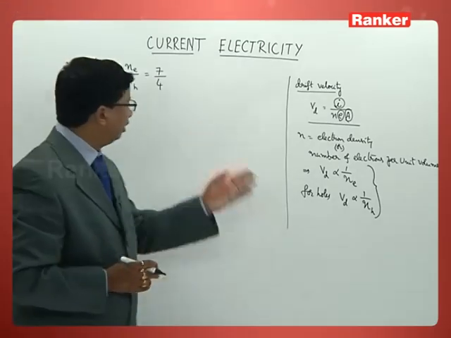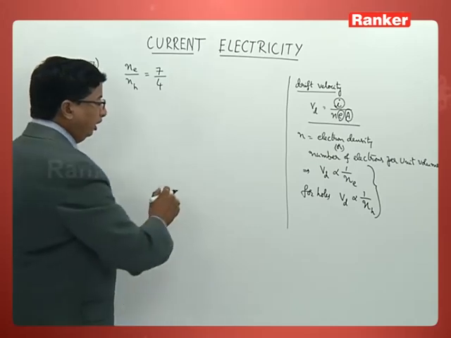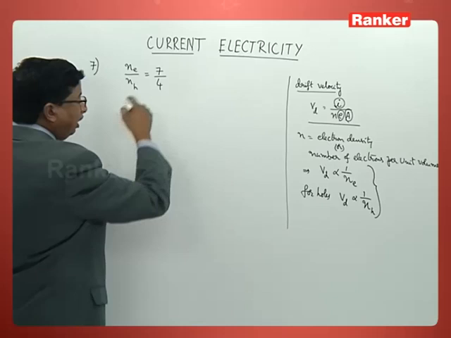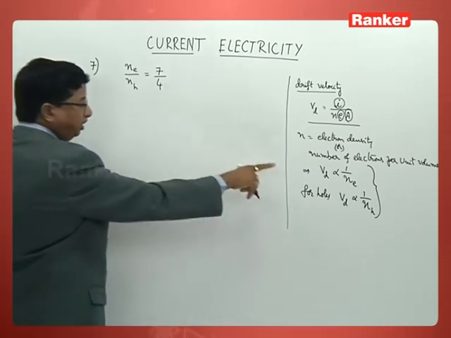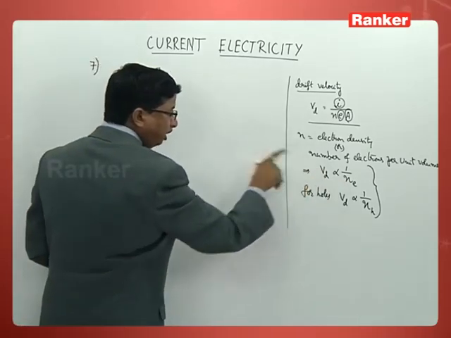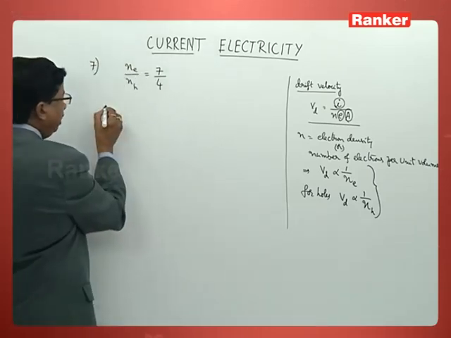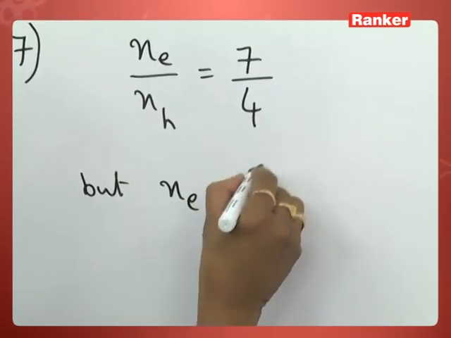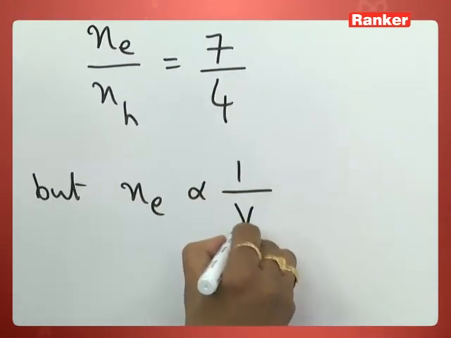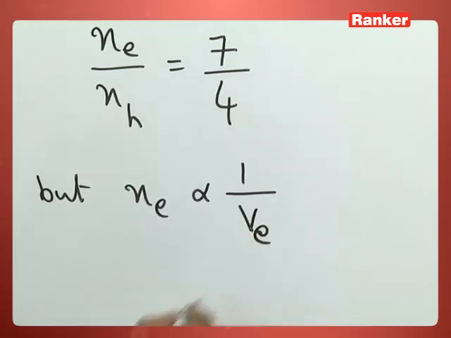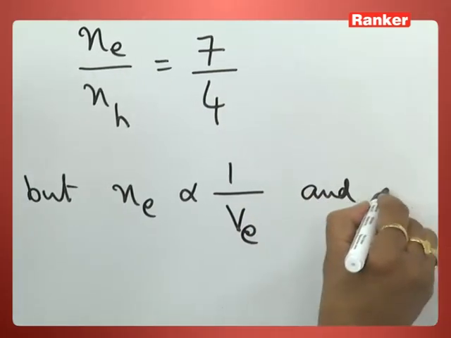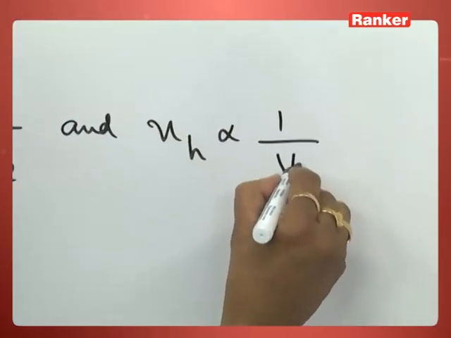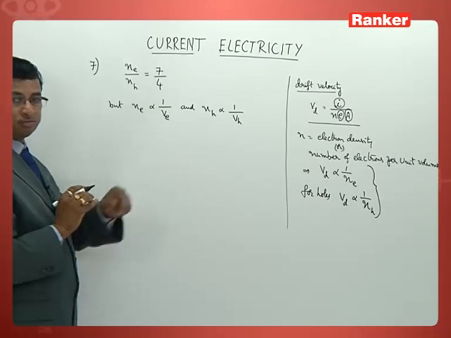Reason for that one you can understand straight away. When we know Ne by NH is given as 7/4, Ne is proportional to 1/Vd. So what can we write now? But we know well, Ne is inversely proportional to drift velocity of electron, and NH is inversely proportional to drift velocity of holes.